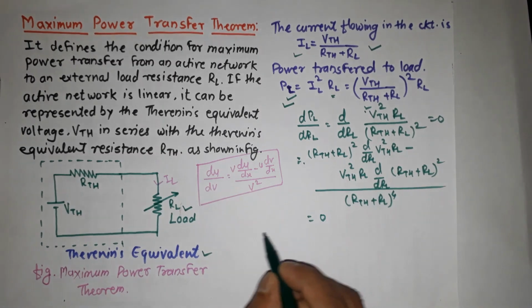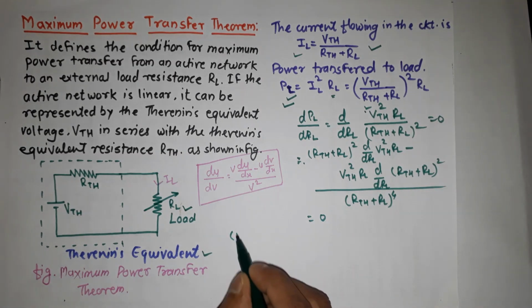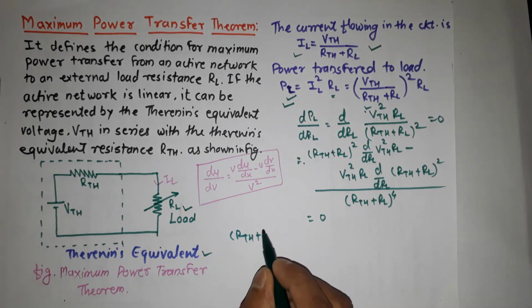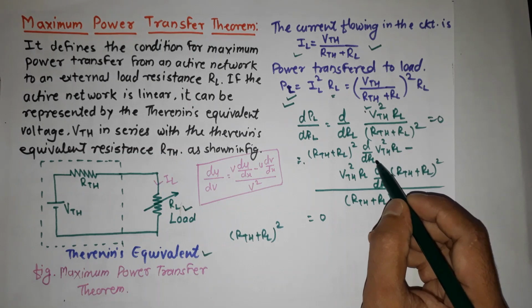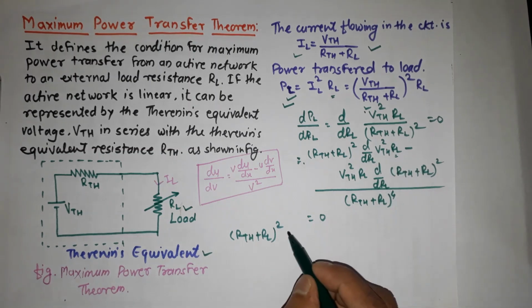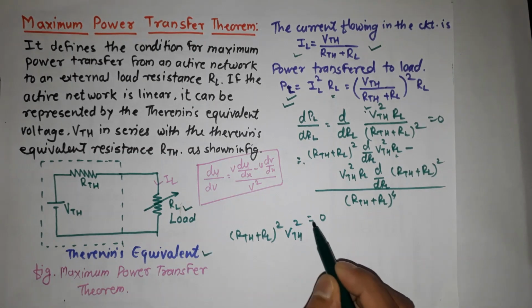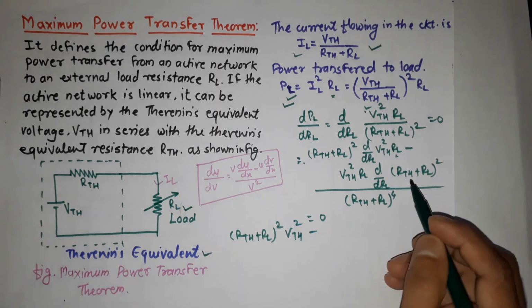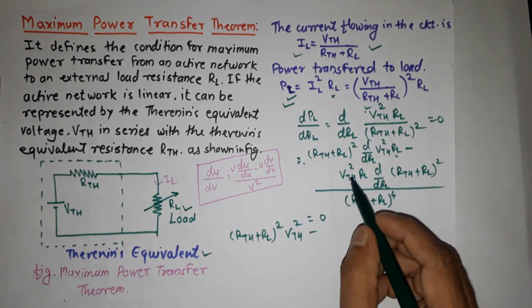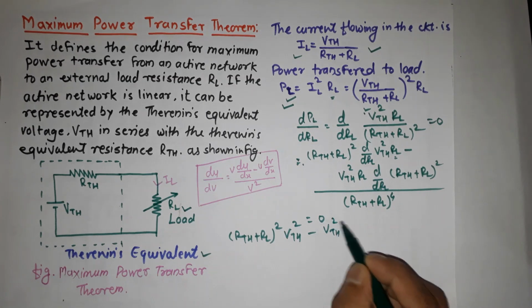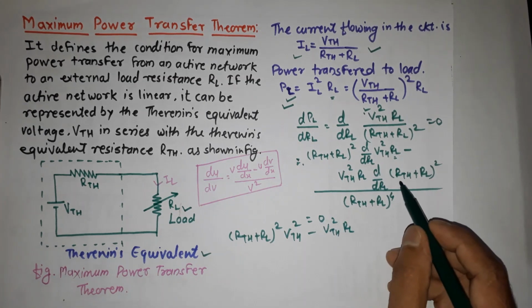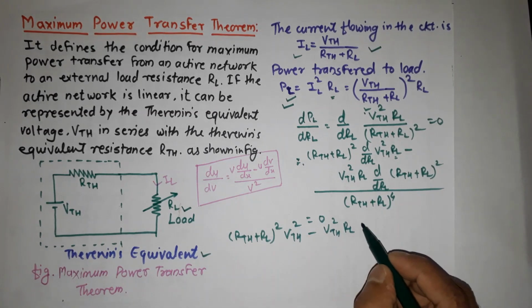This bracket will be as it is, so it is RTH plus RL the whole square, and the derivative of this with respect to RL, RL gets removed, so it is only VTH square. So it is VTH square minus VTH square into RL as it is, and the derivative of this, that means 2 will be multiplied here.